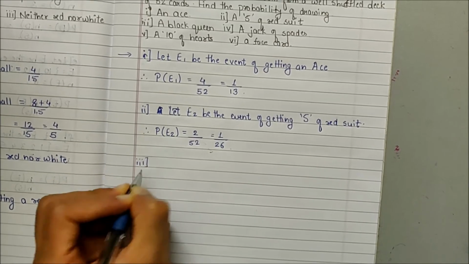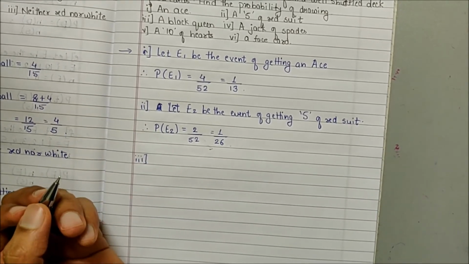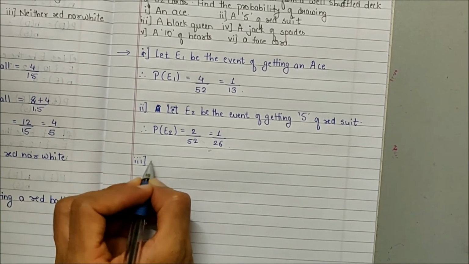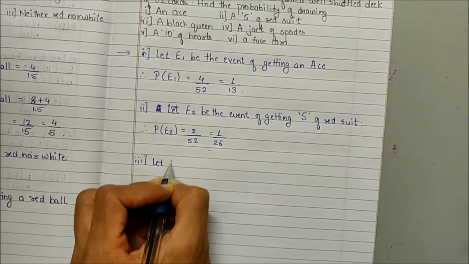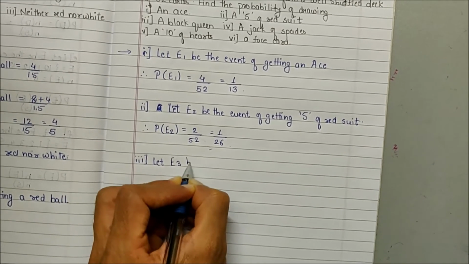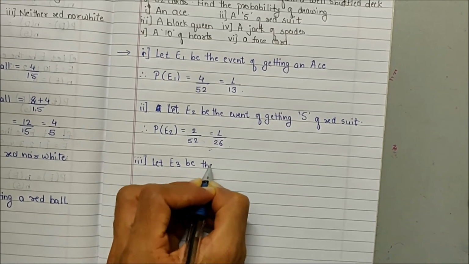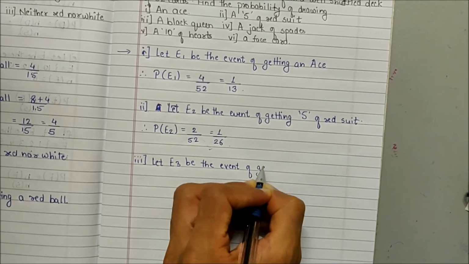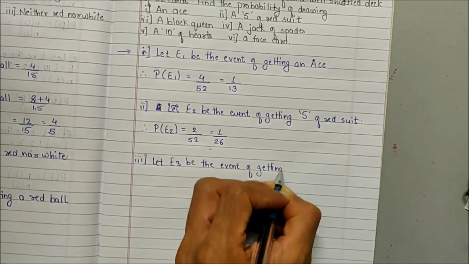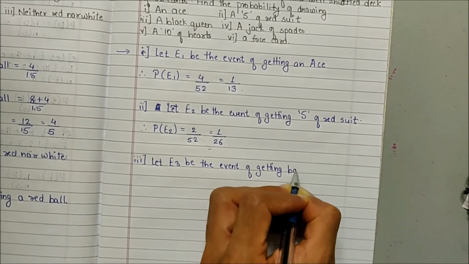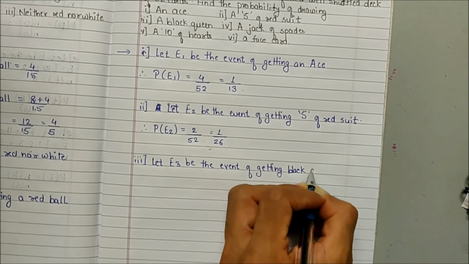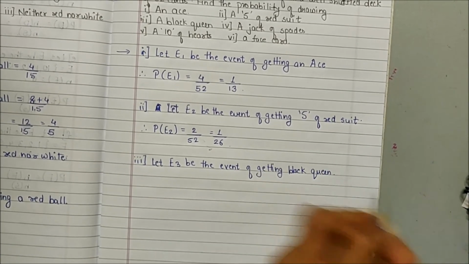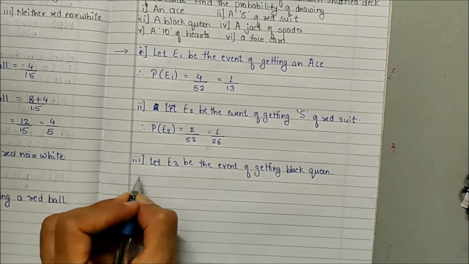If we see the third question, they have asked you a black queen. So let E3 be the event of getting a black queen.